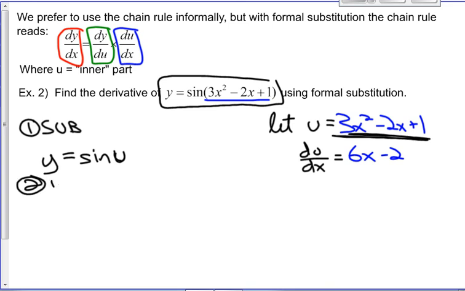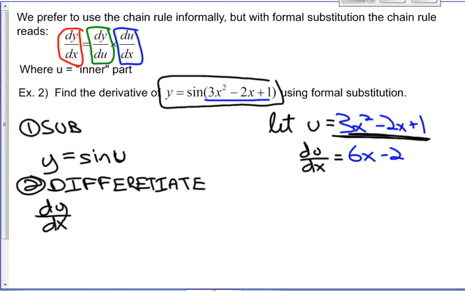The next step would be to differentiate. And here's what the chain rule is saying. The derivative with respect to x is going to be the derivative of sine u, so that's cos u. And then you have to tack on this du by dx.